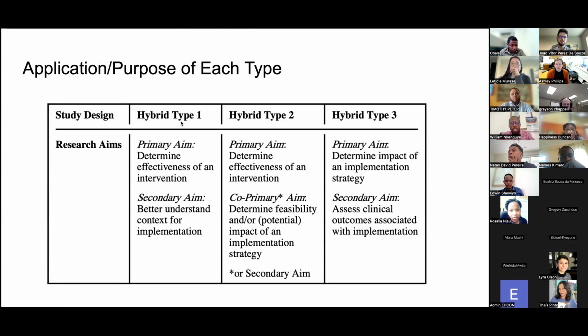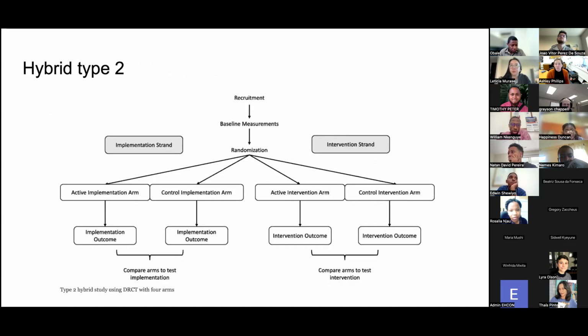In hybrid type 1, the primary aim is really to determine the effectiveness of an intervention. The secondary aim is to understand the context of implementation. So this is the design and this is the aim. In hybrid type 2, we have core primary aims. As I mentioned, it's 50-50. And in hybrid type 3, the primary focus is really to find the best strategy by which an intervention can work.